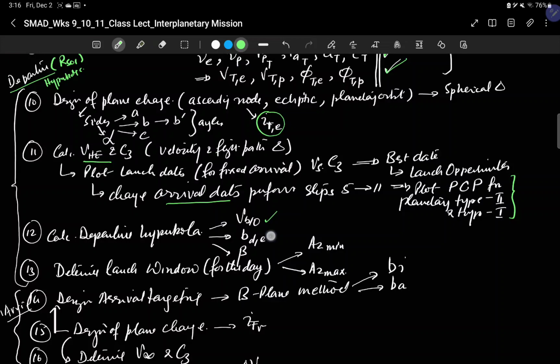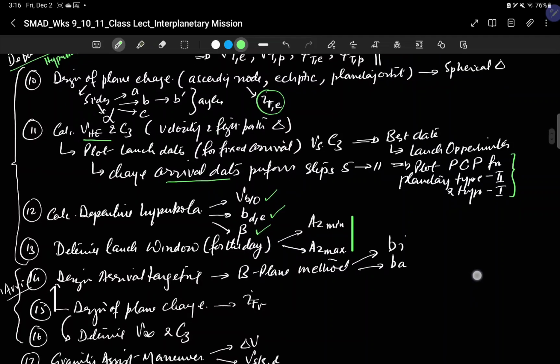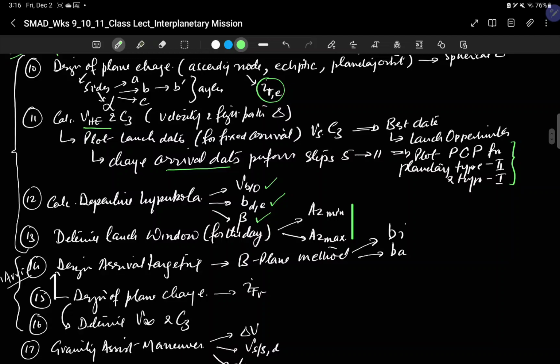We also determined the size of the hyperbolic orbit, as well as the angle of the change of the asymptotes. And then of course we were also able to determine the maximum and the minimum azimuth that was required according to the rotation of the launch port.